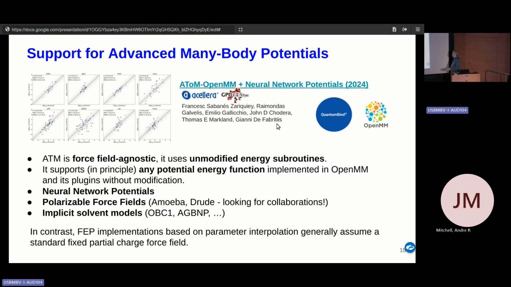But we want to get into polarizable force fields. We're already working with Sandbox on implicit solvent models. But this is exciting. Basically, you can use whatever force field you want.